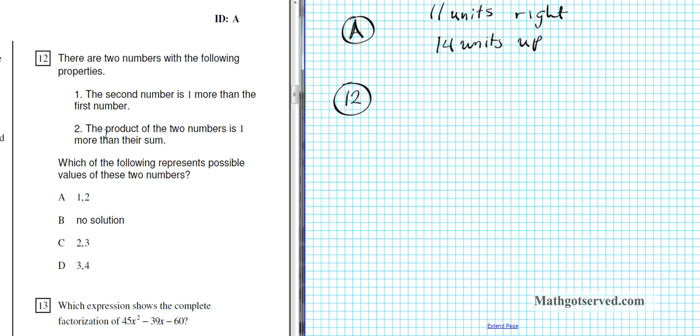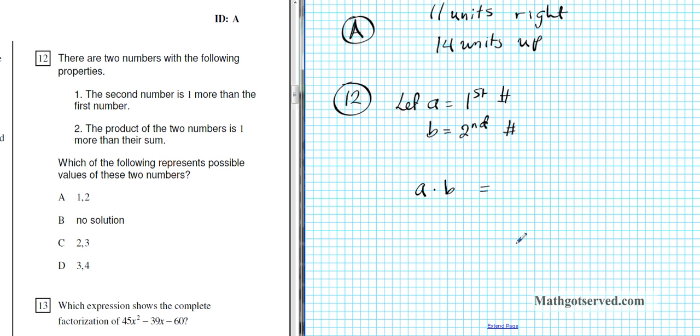And then property 2 says the product of the two numbers is one more than their sum. So let's say we have two numbers. Let A be the first number and B be the second number. So the product of the two numbers, A times B, is one more than your sum.